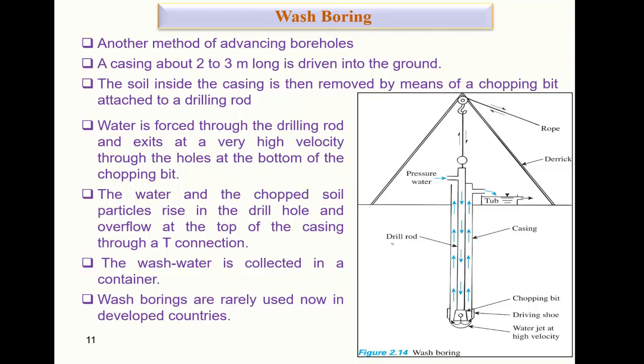Then we attach a drill rod there, and water is forced through the drill rod and exits at a very high velocity. Suppose this one is cutting some soil here, right? You can see the sharp bit here.